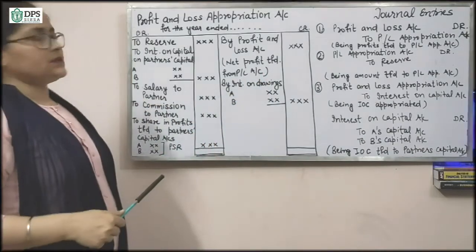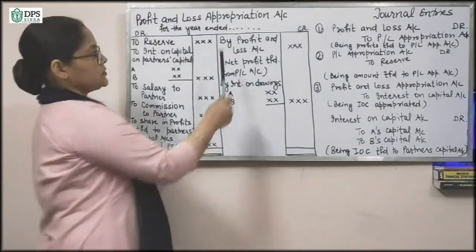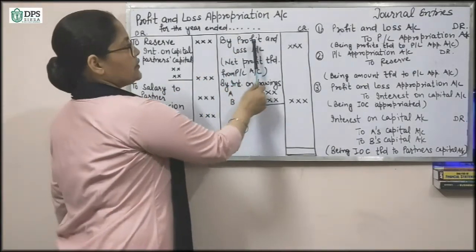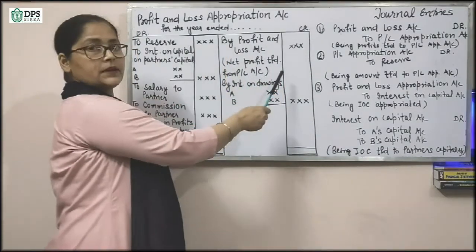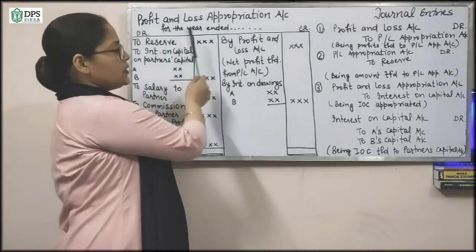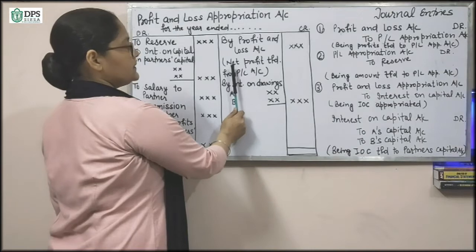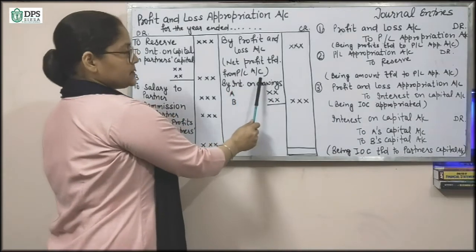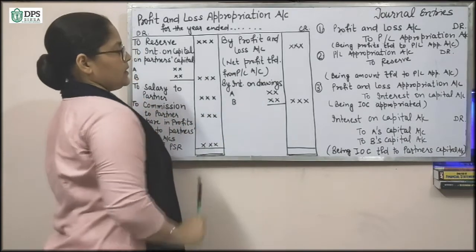Some students write here by net profit. This is wrong. So first of all write here by profit and loss account, because this is the balance we have brought forward from profit and loss account. And in brackets you can write down net profit transferred from P&L account.